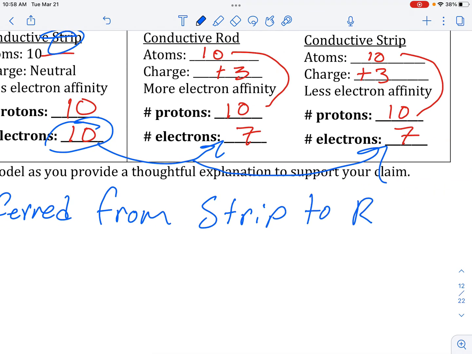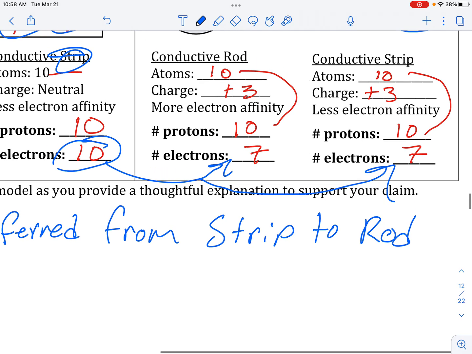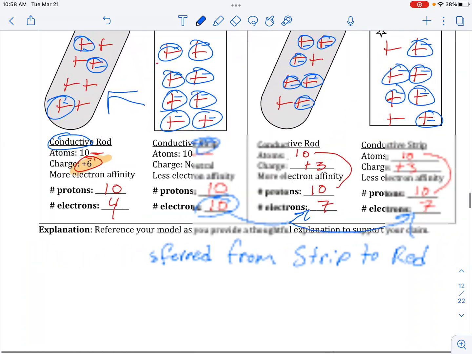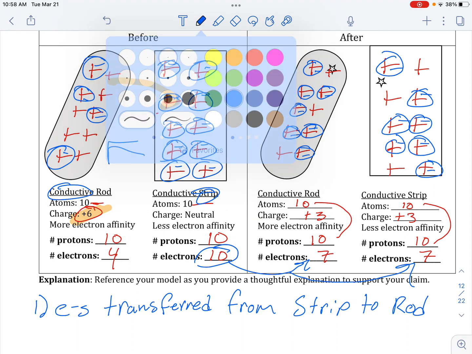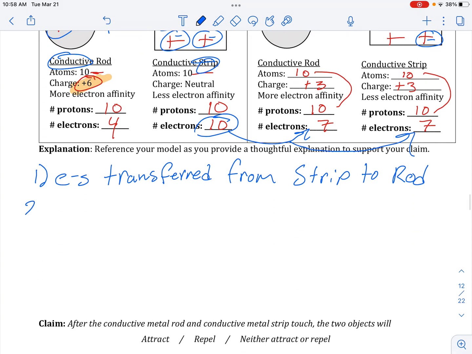Okay. Now we got to explain why they did that. So remember, it's almost always opposites attract or likes repel. And in this case, it is likes repel. And so these electrons are attracted to the exposed protons over in the rod. And so they're attracted. So that's why they move over. So we're going to say why they did that.